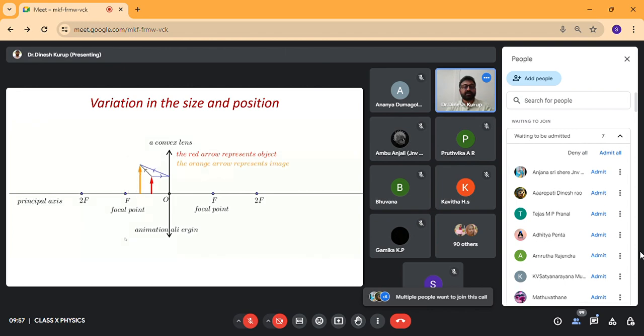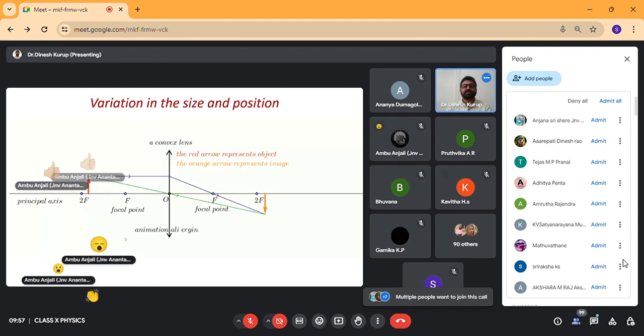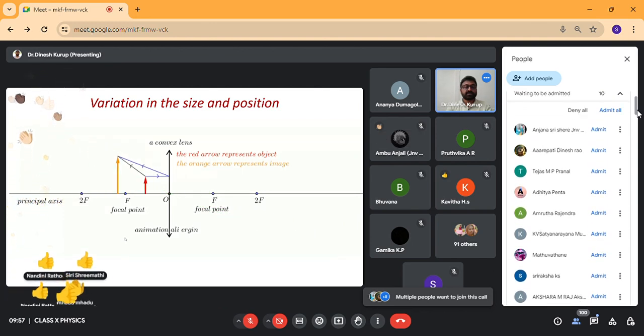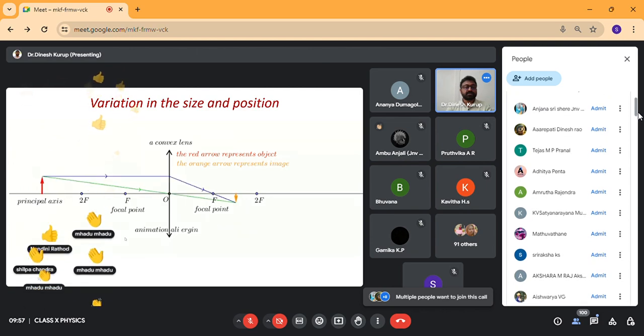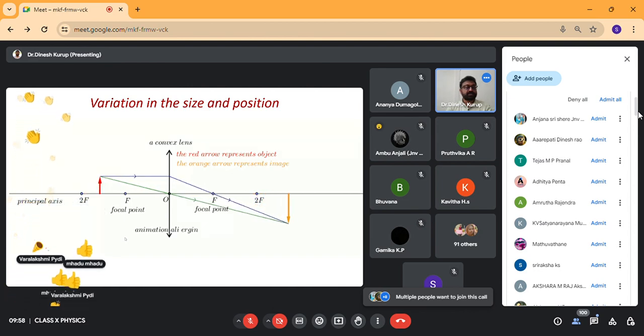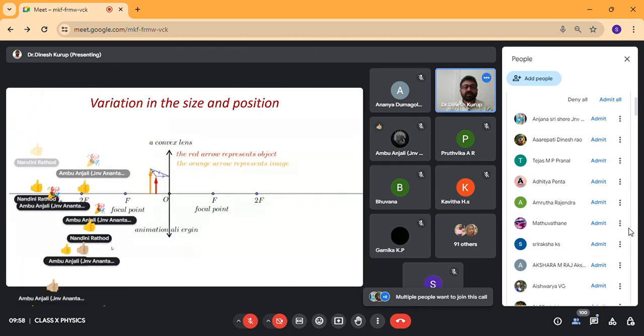See the size of the image changes. Clear?